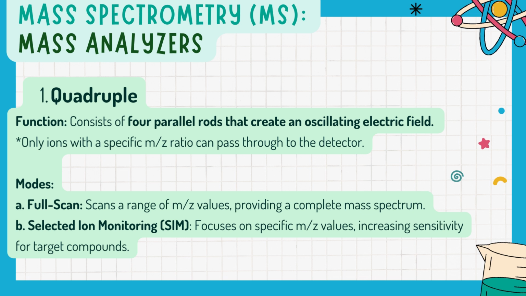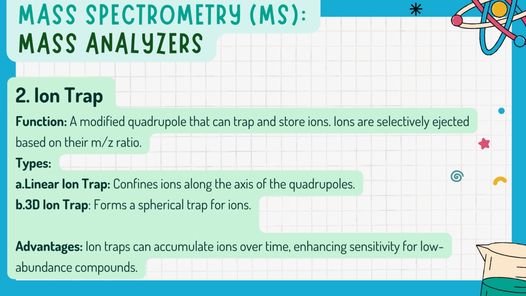But if there is a specific focus on specific mass to charge values with increased sensitivity for the compounds of interest, then we're talking about selected ion monitoring or SIM. So again, complete mass spectrum, that's your full scan. But if we are trying to specify the mass to charge values, then that's SIM or selected ion monitoring. And then the ion trap in detail.